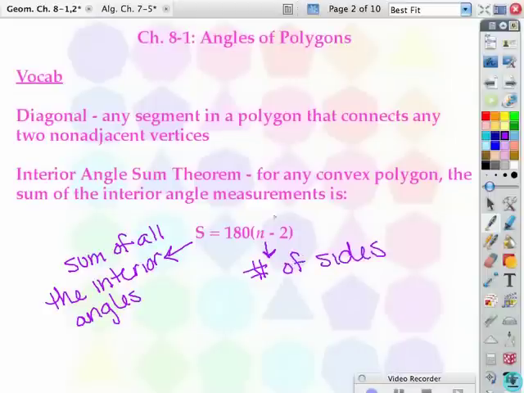So you take the sides, subtract 2, multiply by 180, and you get the sum of the angles in the entire shape. So let's go ahead and work with that.